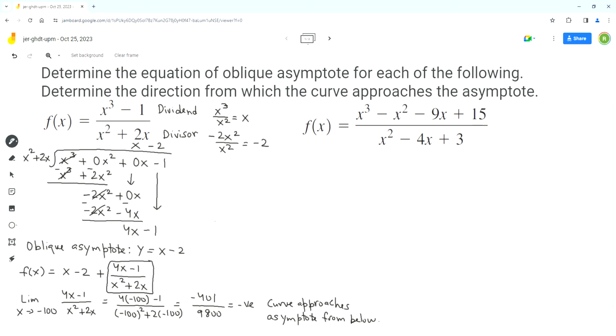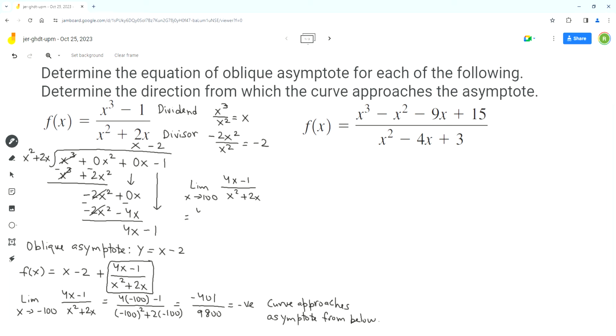Now we can do the analysis for the x value on the right side of the x-axis. So we'll apply the limit as x approaches positive 100 for (4x minus 1) over (x squared plus 2x). Now we can apply the limit.